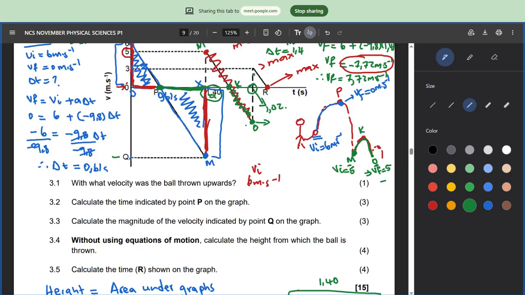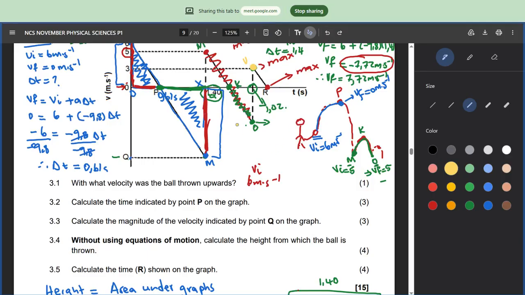So now what I'm going to know, I know that at this point, the time is 1.02. I know that the final velocity here, this is not V final, but my V initial.